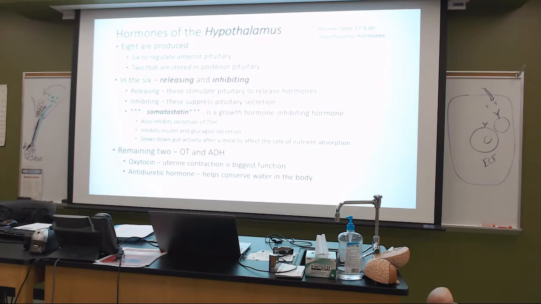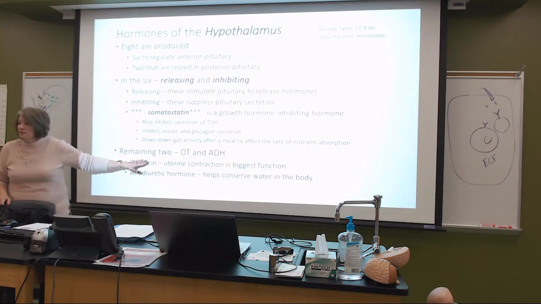So what are the hormones? The hormones of the hypothalamus. That means that we're referring to the hormones that will be in this hypothalamus. All right? Now, what it's going to do, 6 are going to regulate the anterior pituitary. 2 are going to be for the posterior.